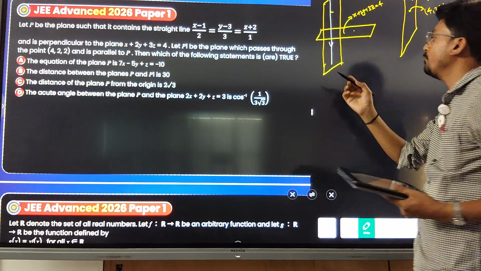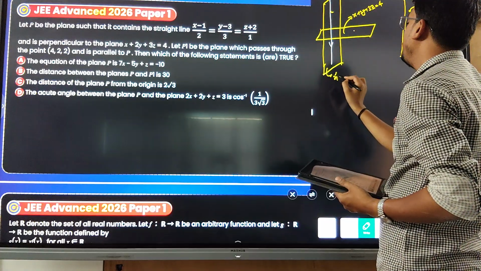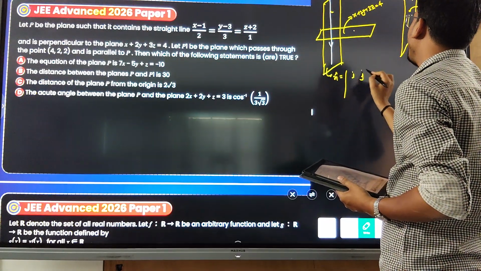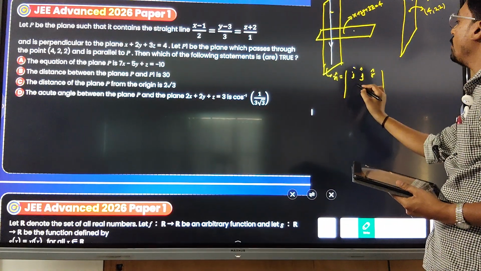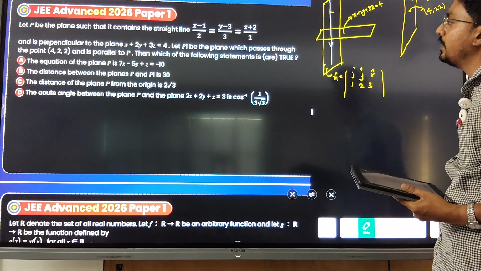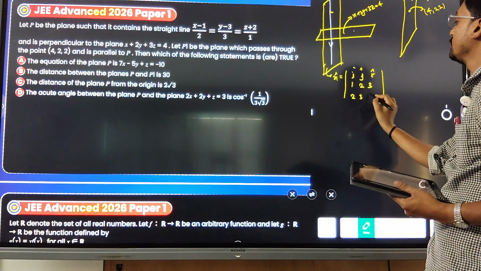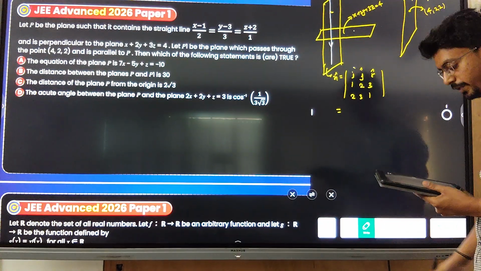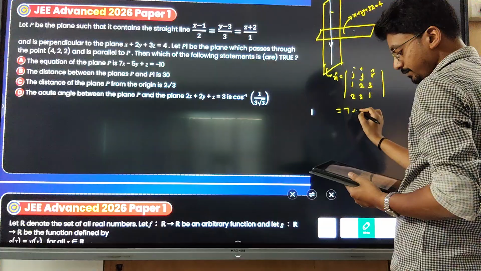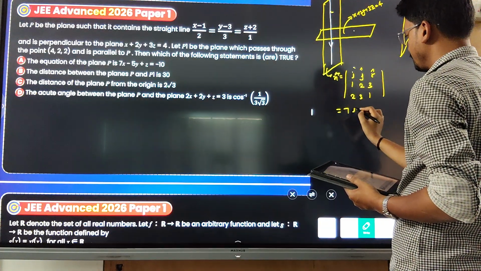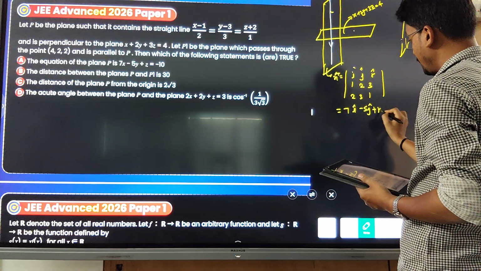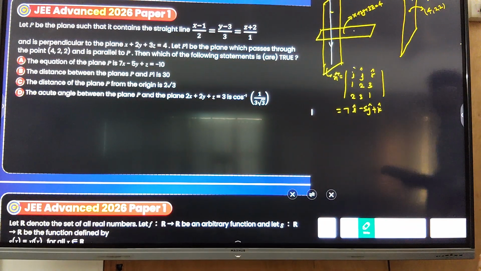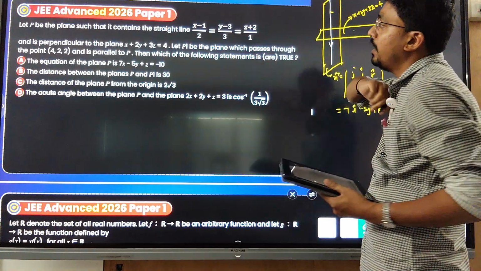So for finding the normal of this plane P, we will find the cross product of the normal of this plane and the direction ratio of this line. So here we are getting the normal of this plane as 7i minus 5j plus k.